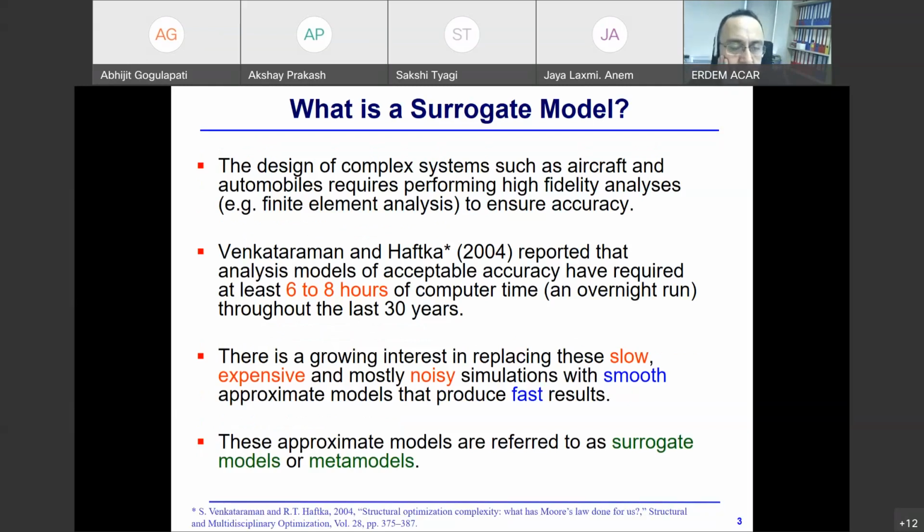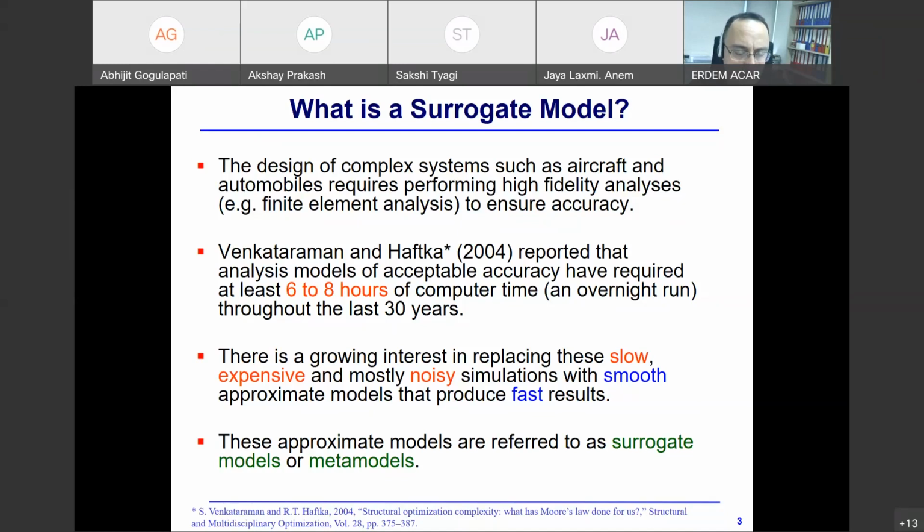Before this definition, let me give you a motivation. The design of complex systems such as aircraft and automobiles requires performing high fidelity analysis like finite element analysis or CFD analysis in order to ensure accuracy. Venkataraman and Haftka, by the way, Haftka is my PhD advisor, reported in 2004 that analysis models of acceptable accuracy have required at least 6 to 8 hours of computer time, which is an overnight run, throughout the last 30 years.